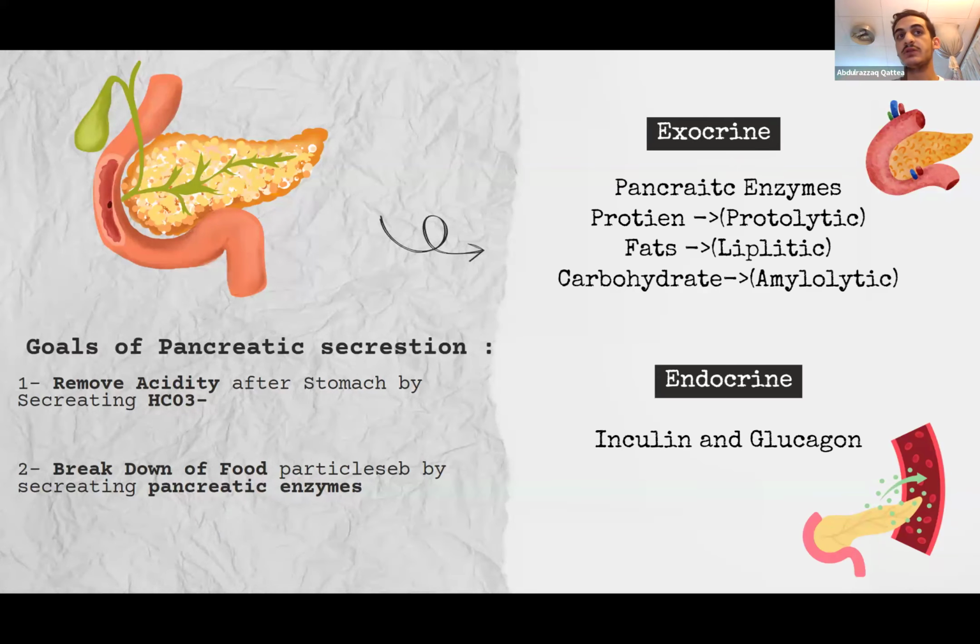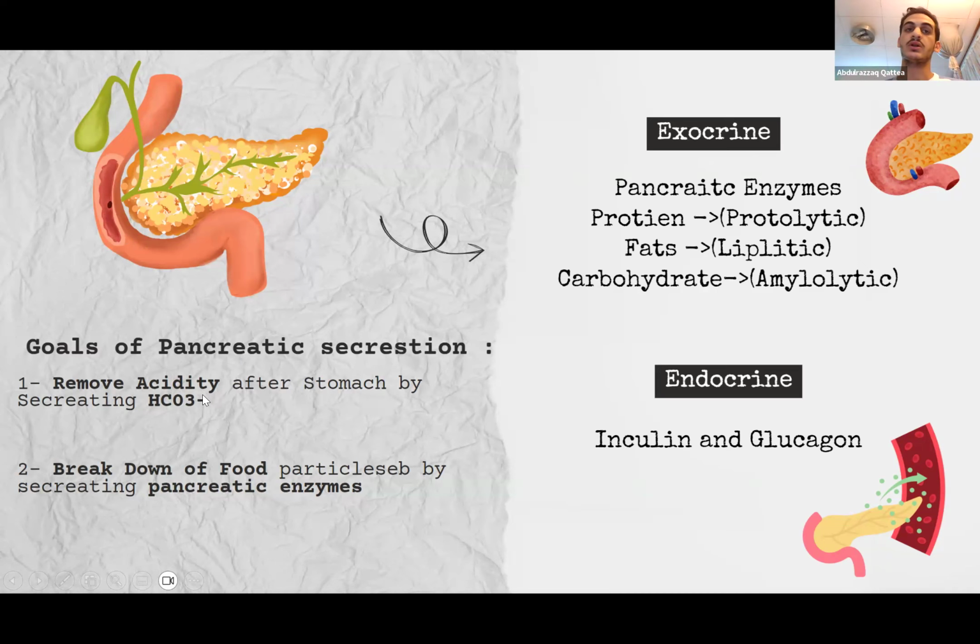If these enzymes go to the duodenum and small intestine, they will harm them and cause ulcers. So in order to neutralize the acid going to the duodenum and small intestine, we need a base. And this base is called bicarbonate. So the first goal is to neutralize the acidity by bicarbonate.